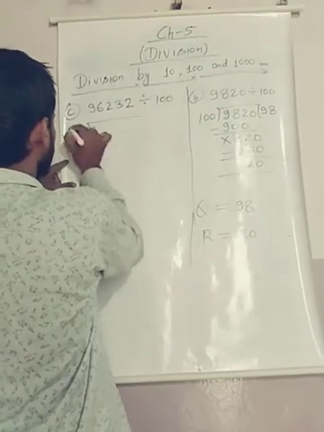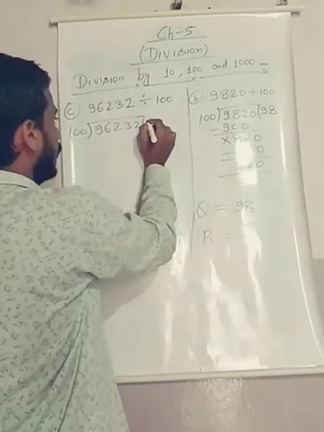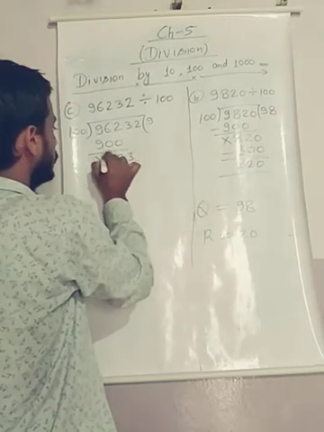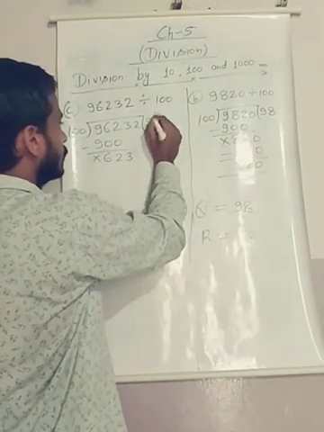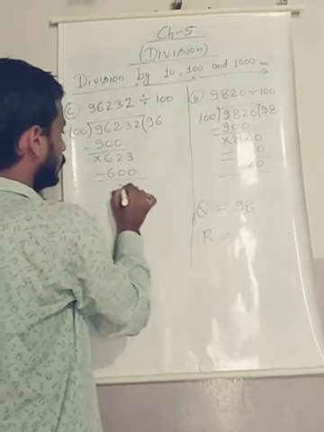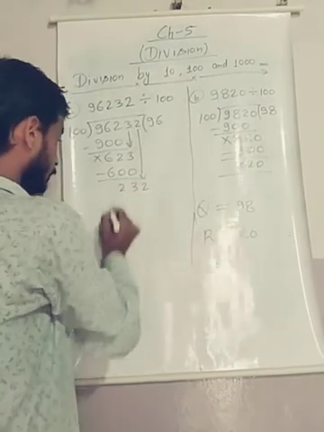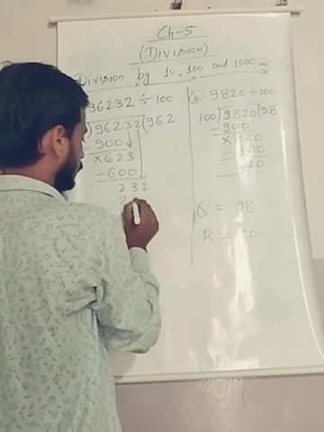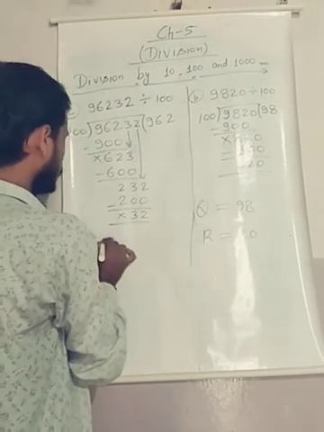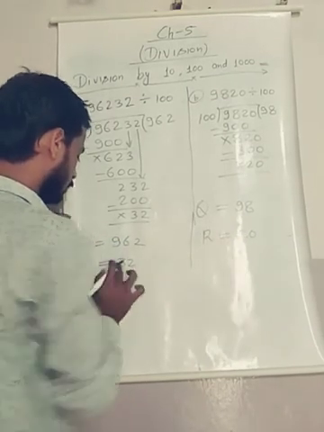Divide this number by 100. 96232. 100 nines are 900. 623. 100 sixes are 600. 2, 3 and the last digit also 2. 100 twos are 200. 32. So the quotient is 962 and remainder is 32.